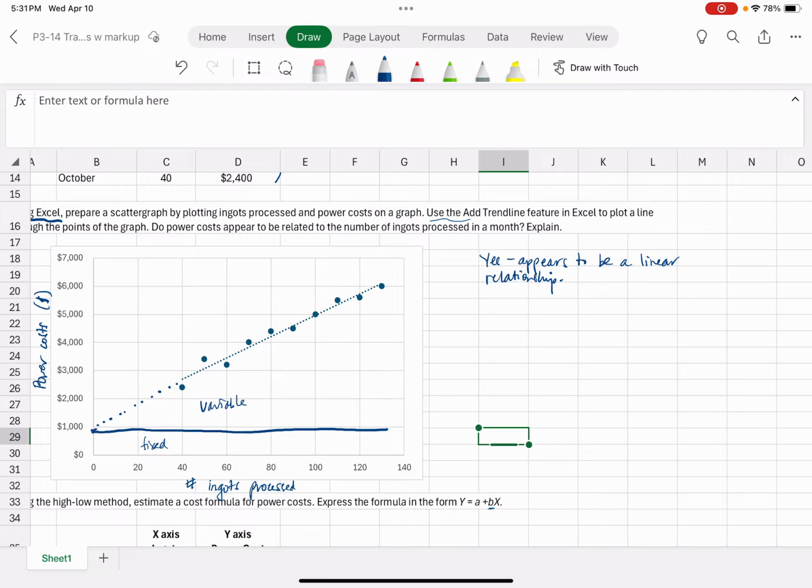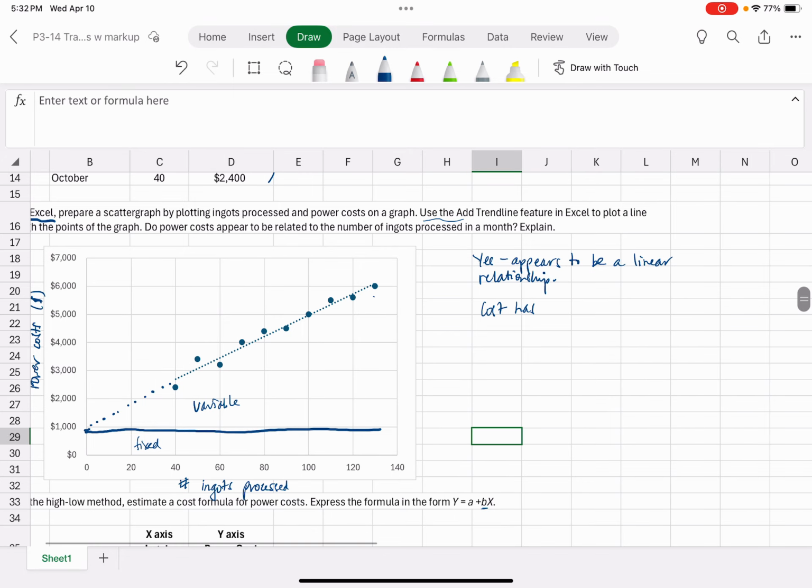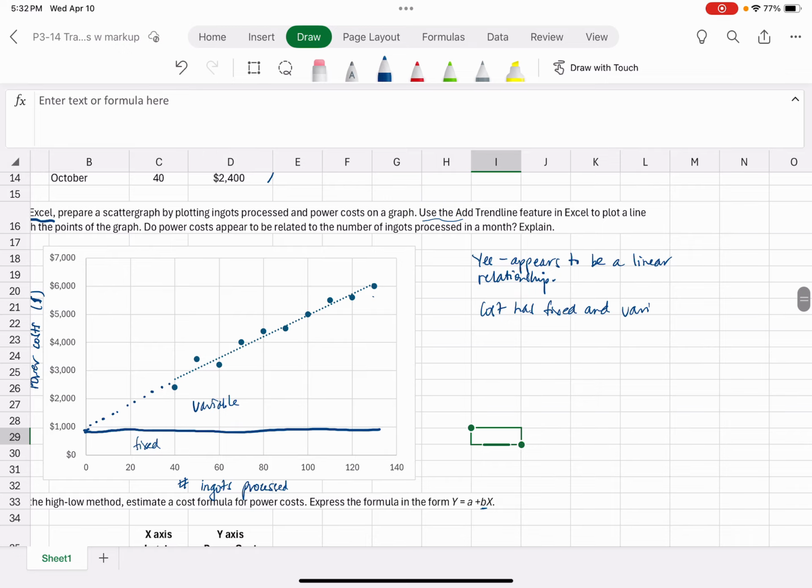And then after that, the cost behavior is variable because it increases as the number of ingots processed increases. There appears to be a linear relationship, and cost has fixed and variable components.